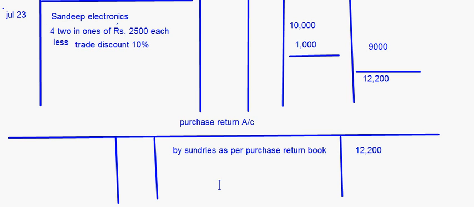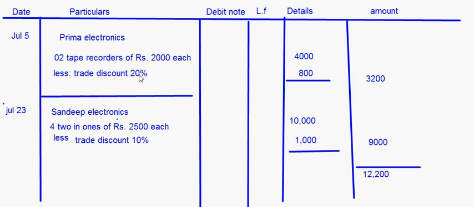And for the individual parties like Prima Electronics and Sandeep Electronics, it will come on the debit side, to purchase returns account in their account. So in Prima Electronics account you will have to purchase returns, 3,200. In Sandeep Electronics you will have to purchase returns, 9,000.